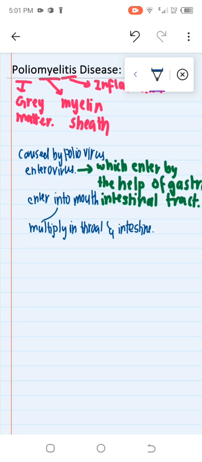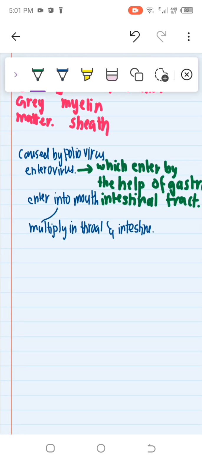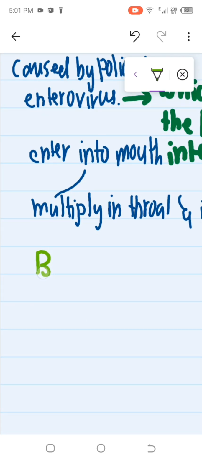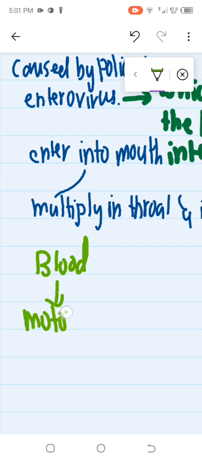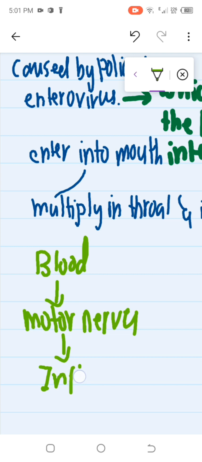Fine. After that, suppose I draw here: this is blood, and here we have motor nerves. If these motor nerves are inflamed, then what will occur? The immune response destroys the nerve cells.